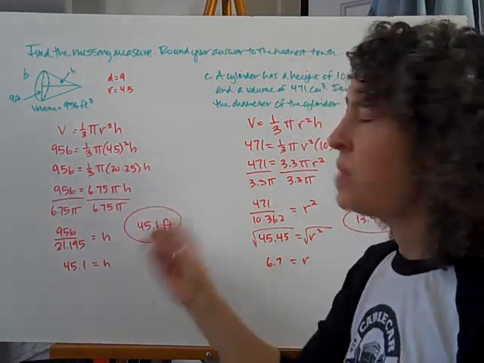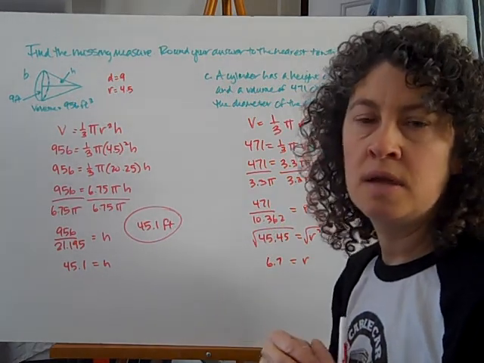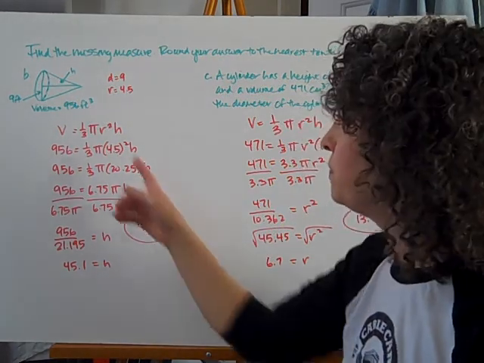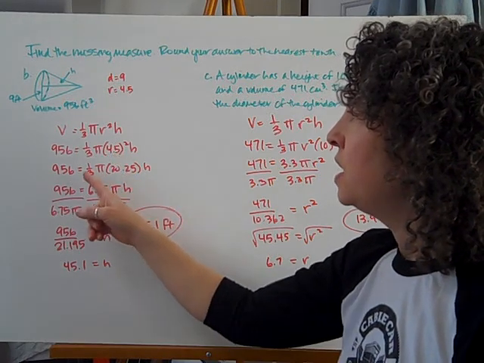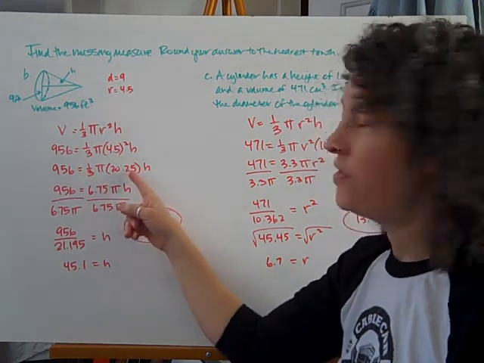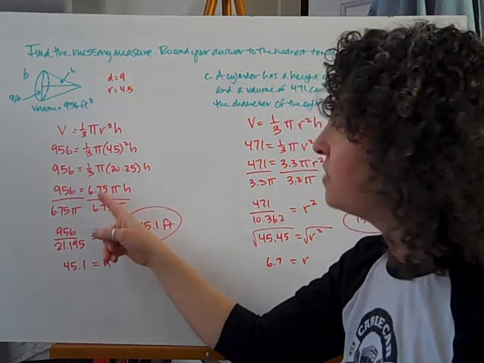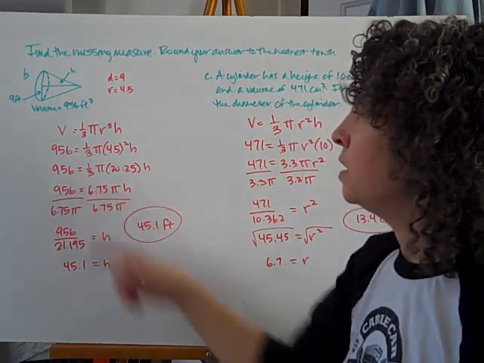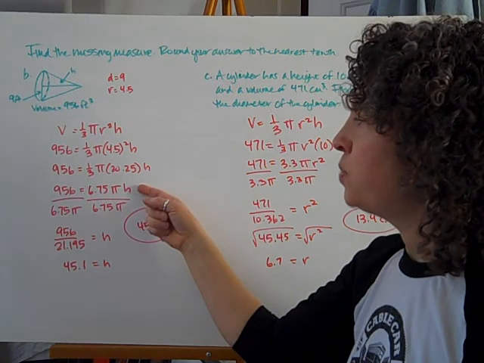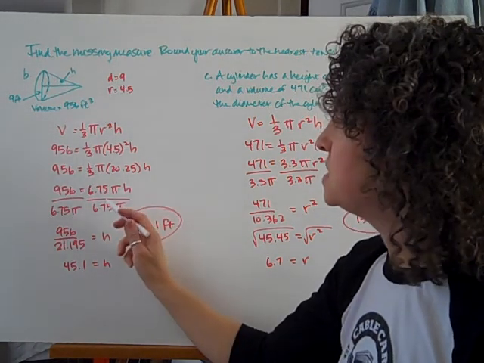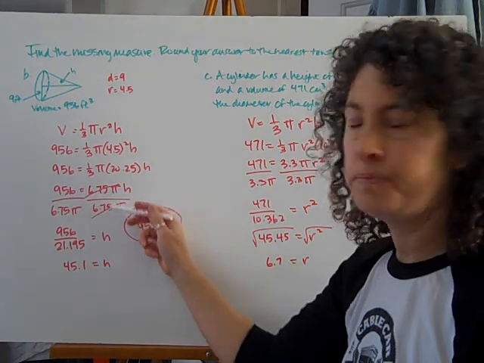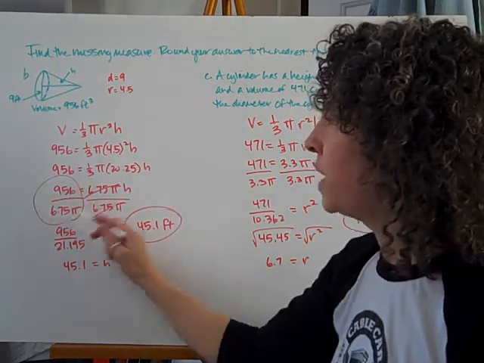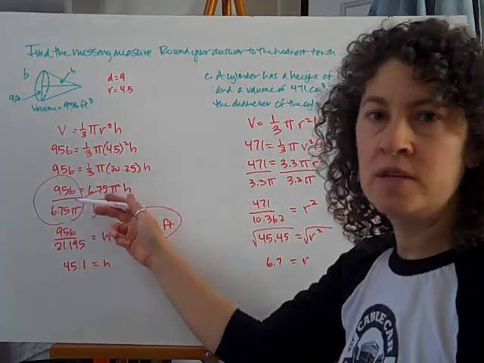I'm going to do as much math as I can until I have to deal with that pi symbol. So here I did 4.5 squared, which was 20.25. I did 1/3 times 20.25, which is approximately 6.75. I use that in here. Next, I'm trying to get the h by itself, so I divided both sides by 6.75 pi, which cancels these two out, and I'm left with my height being represented by this fraction.